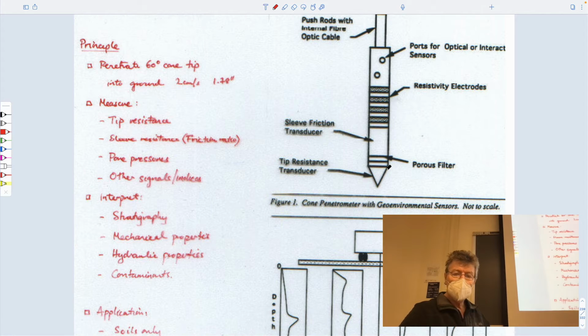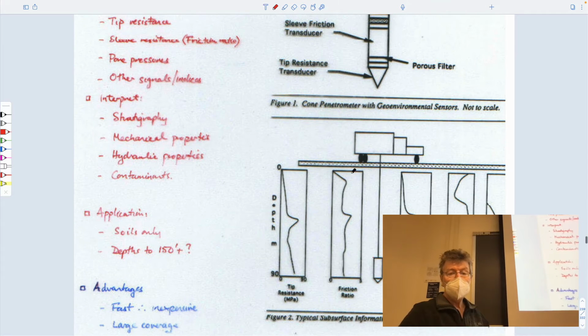It has a load cell immediately behind the tip, which measures what force is applied on the tip. It has a load cell behind this sleeve, which measures what the force is that you have to push it with to move this sleeve through the ground. And it would typically have a pressure transducer that measures the pore fluid pressure that is generated as you push this thing into the ground.